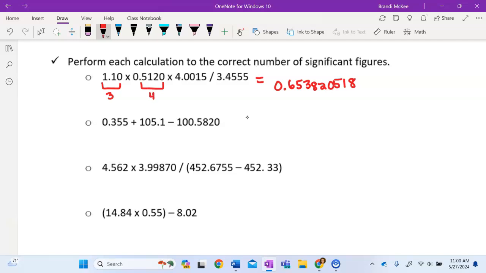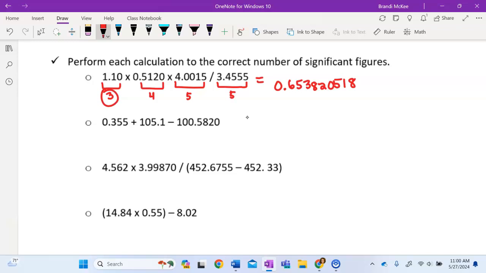So this one is 4. 4.0015, those zeros are sandwiched between other numbers, so they do count. So this one is 5 significant figures. And then we don't have any zeros to worry about, so everything is significant. The rule says we can have as many significant figures as the least in our problem, the least precise measurement. So that's going to be 3.